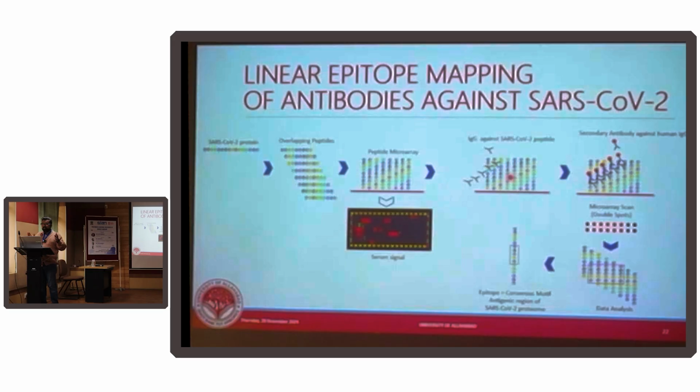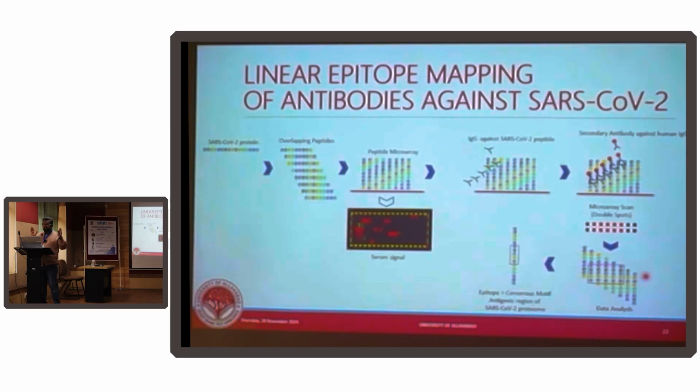It will also bind with the second, because there is an overlap. Now this binding will create an array of spots, right? And since we have printed in duplicate, it will be a double spot. When there is a double spot, via data analysis, we could actually look into the specific consensus motif.